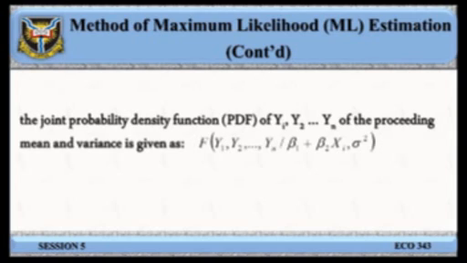Because of this, the joint probability density function, PDF, of y1, y2, ..., yn of the preceding mean and variance is given as the equation below.